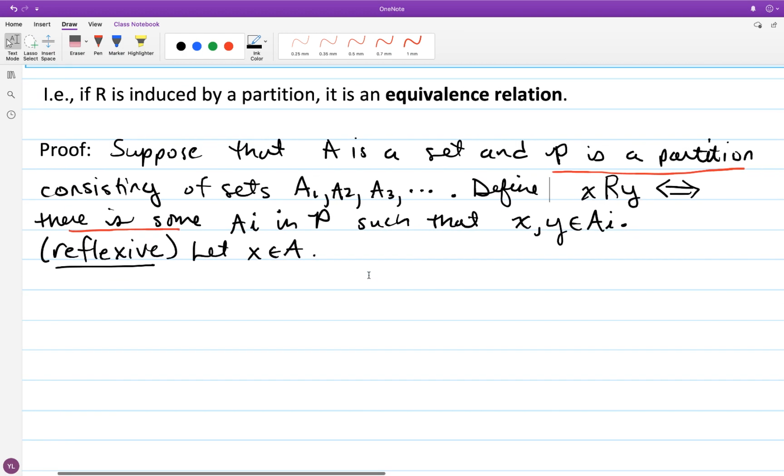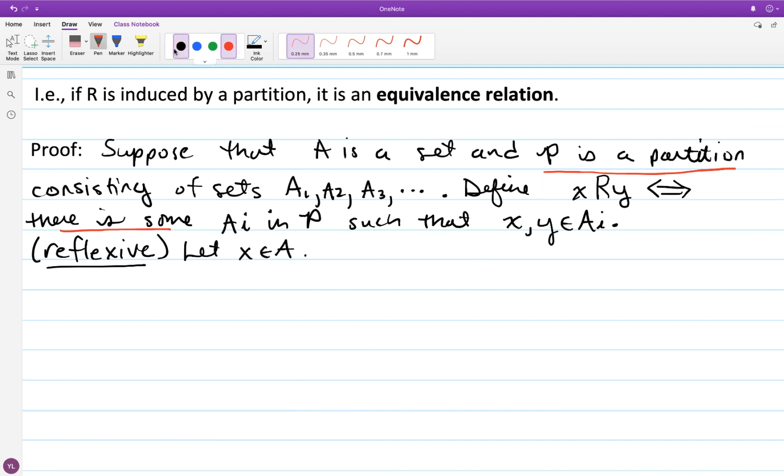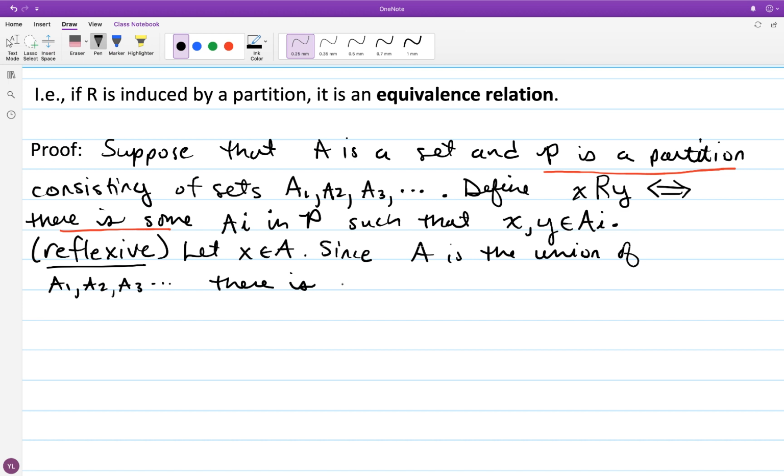Okay, so I let x be in A, and I say since A is the union of all of these partition sets, A1, A2, A3, and so on, there is some i such that x is in Ai, and this is literally the definition that x is related to itself.